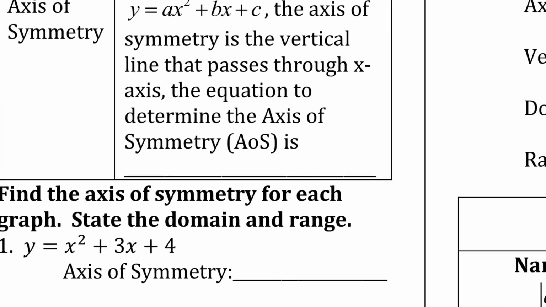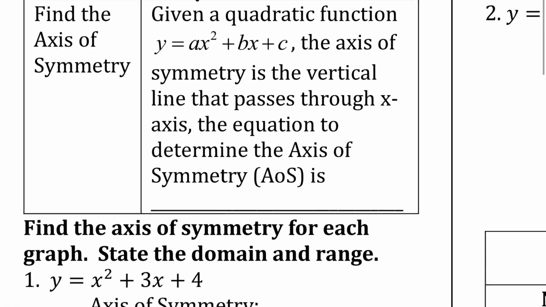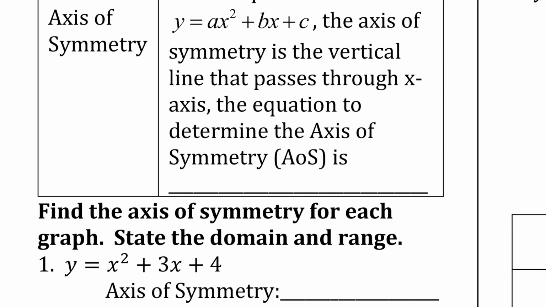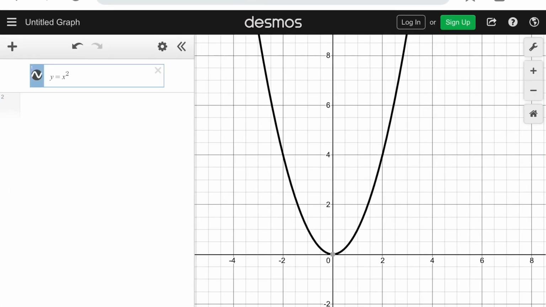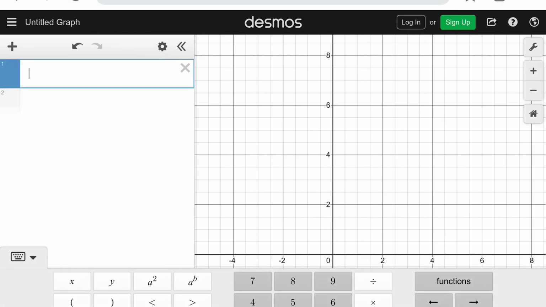Moving on. So, line of symmetry. We've already talked about this. If you want to, you can pause the video and see if you get them right. We're going to use Desmos to find our line of symmetry. So we're going to come in here and type our equation in.